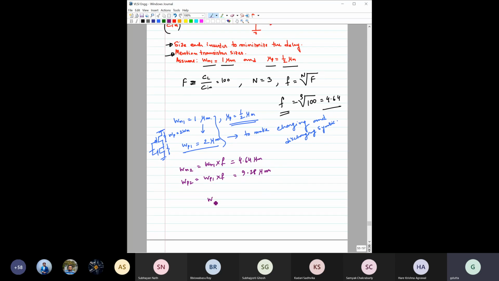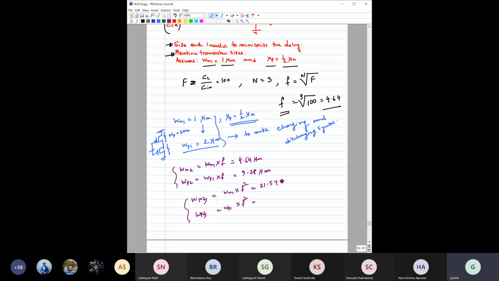Then for the third stage, WN3 and WP3, we have to calculate it explicitly. So this would be WN1 into F square, and here WP1 into F square. So that will be how much? These are already written too.